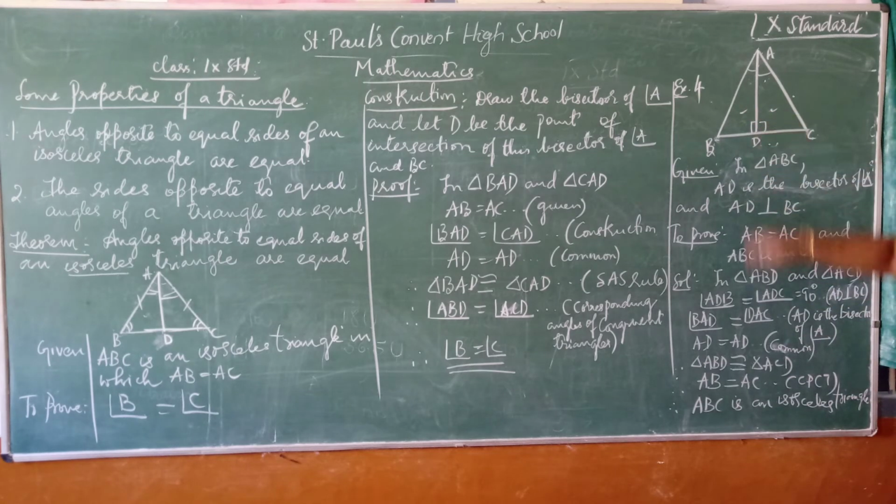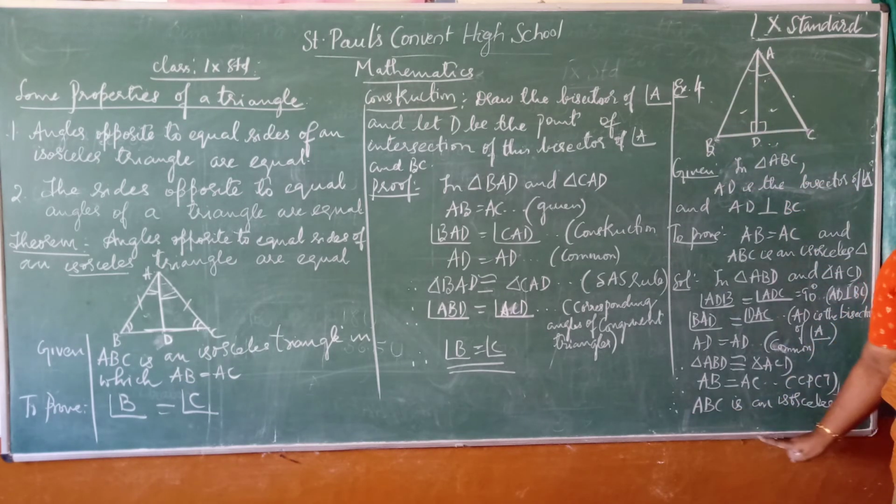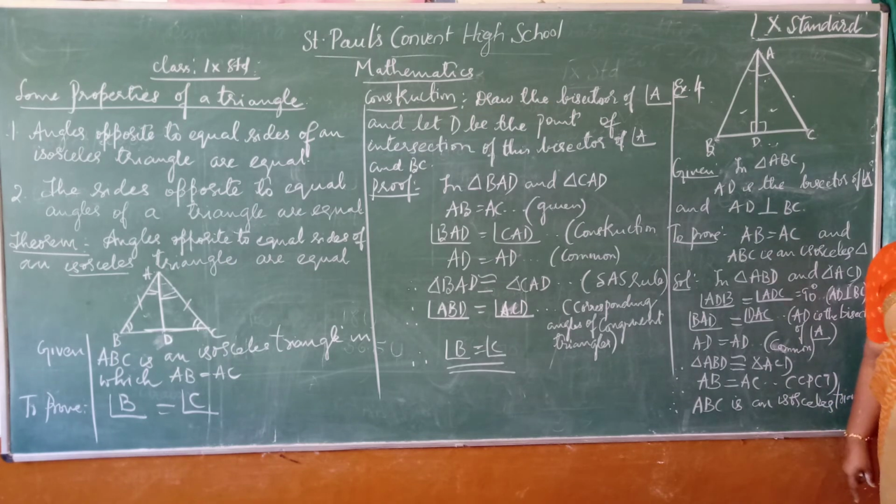Therefore, the two triangles are congruent. If two triangles are congruent, then the corresponding sides will be equal. Therefore, AB is equal to AC. Hence, when two sides are equal, what does ABC become? Therefore, ABC is an isosceles triangle.